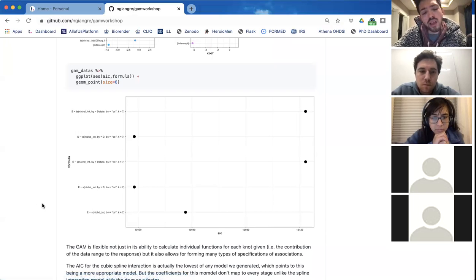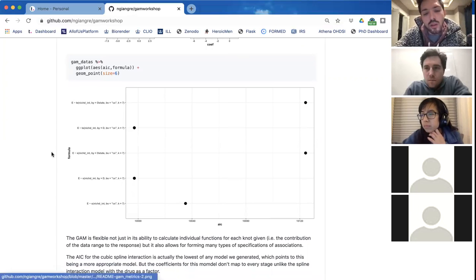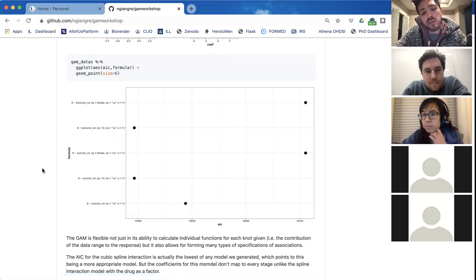And that's a good thing. That means that the data is better fit by the model. Not by a whole lot, but there is some better fitting.